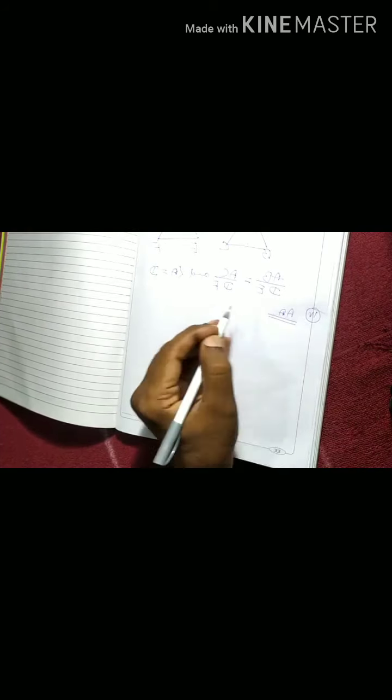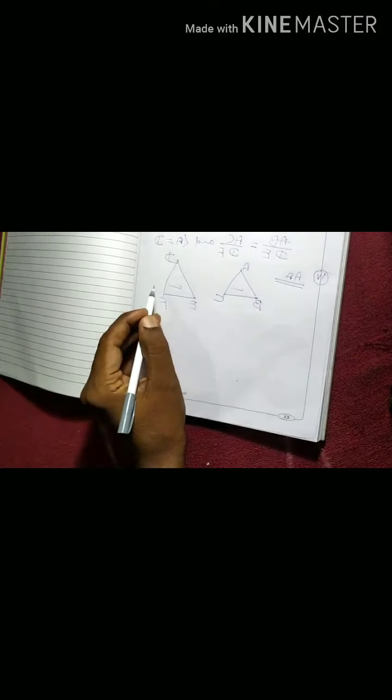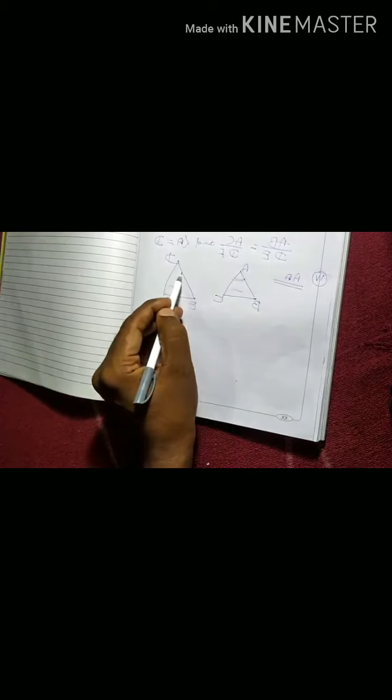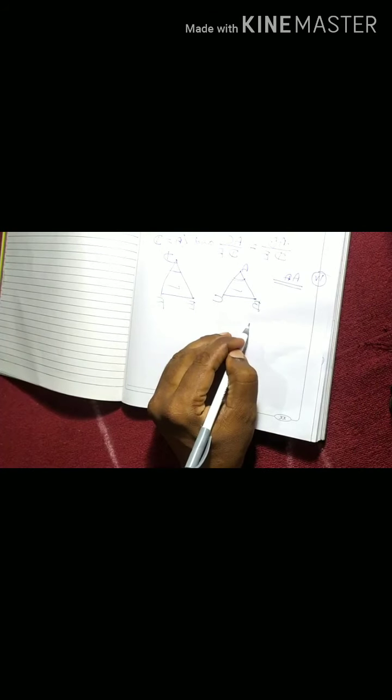And last, fourth, the AA similarity criteria, in which let ABC and DEF be two triangles in which only two corresponding angles are equal to each other, like if angle A equals angle D, angle B equals angle E, then triangles are said to be similar.